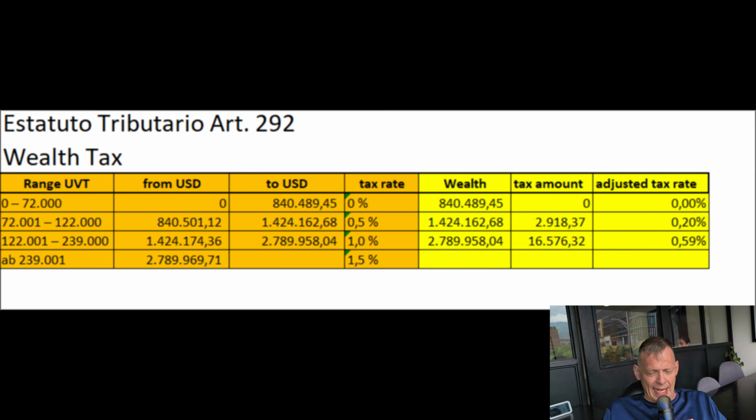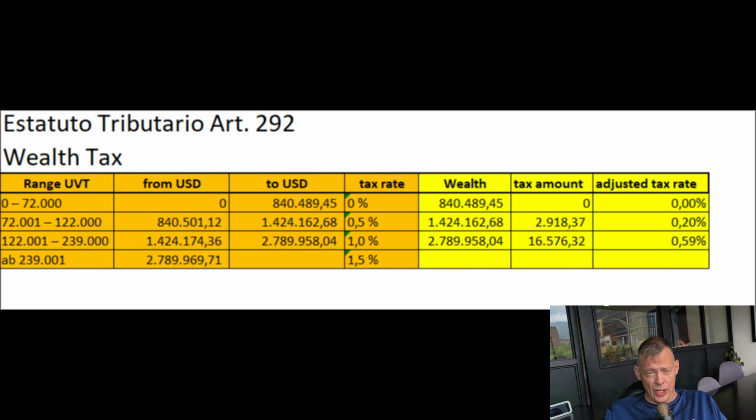Then we go to the next tax. This is the wealth tax. Also this is shocking for many people. What wealth tax? But okay, when you don't have more than 800,000 US dollars, then you don't have to pay any wealth tax. It's between the 800,000 and the 1.4 million where you have to pay 0.5%, only on the range in between.